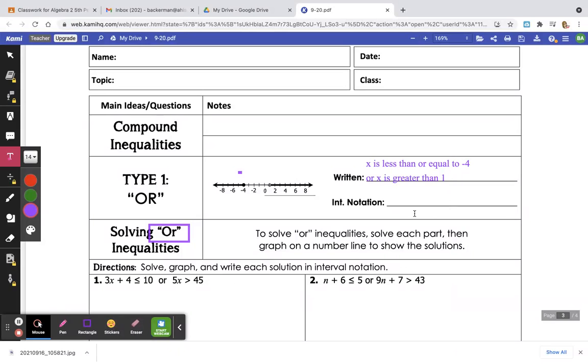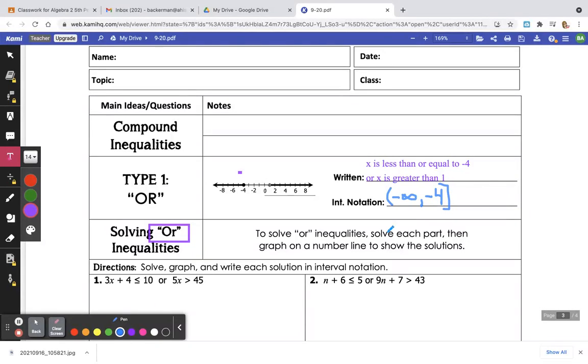If we were to write this in interval notation, so remember interval notation is our new one, we are going from left to right. So to start with the left side, we have negative infinity. And so negative infinity has a parenthesis because it's not included, comma, -4 is a stopping point. And -4 is included, and so we get the bracket.